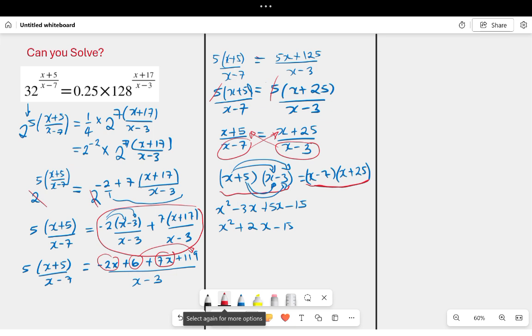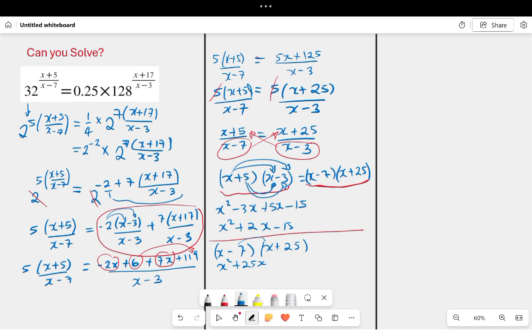All right, let's expand the second part. Now, we have x minus 7 and x plus 25. Now, x you multiply by x, you're going to get x squared. x multiplied by 25, you're going to get plus 25x.